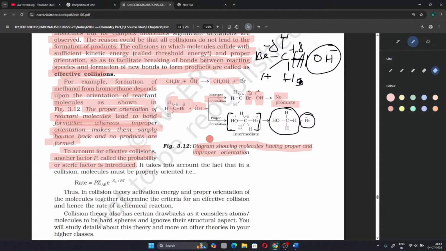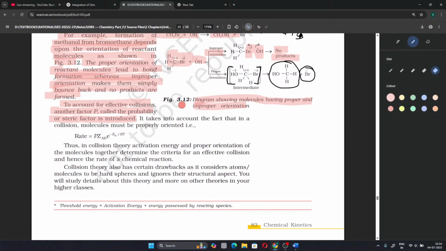It will come under the activation energy and such. But the second factor, that is orientation, to define this orientation, we bring in a new quantity or another factor, that is probability or steric factor, denoted by P.